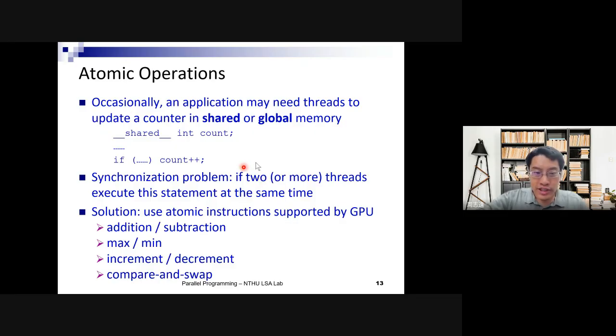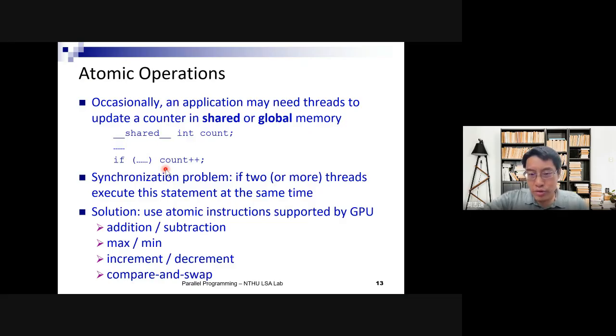For example, we have count plus plus, and if all the threads access this counter, they may all try to manipulate this count variable. Because this count is stored in shared memory, we can use the atomic operation to manipulate this memory content.